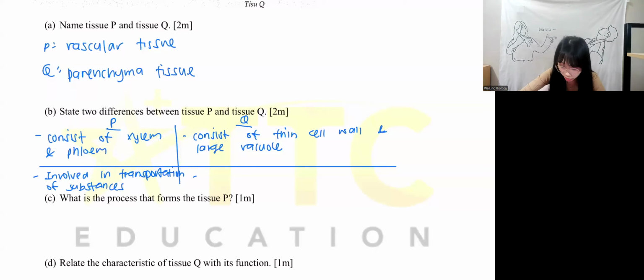And then Q is involved in photosynthesis and gases exchange. So you can talk about the characteristic and the function.